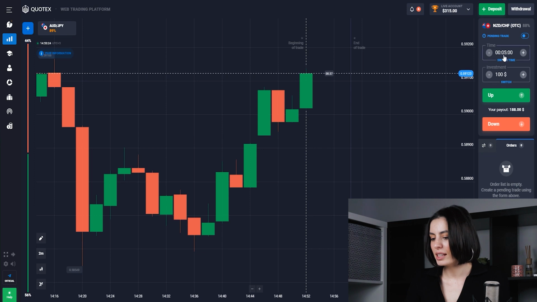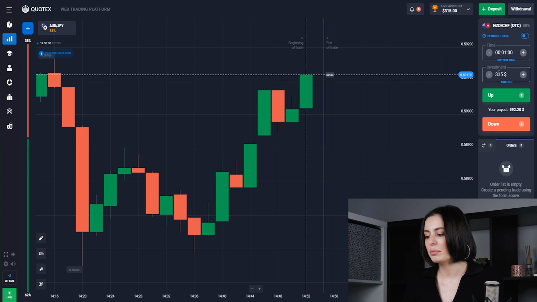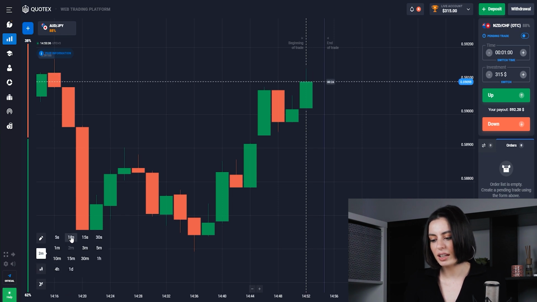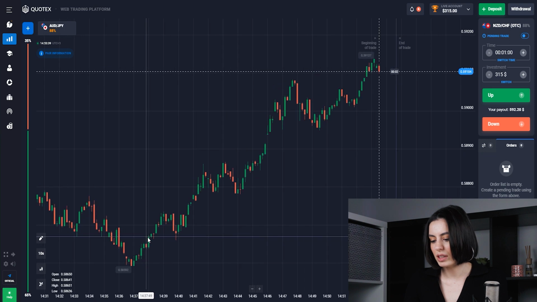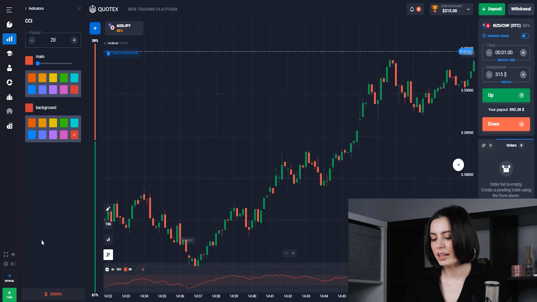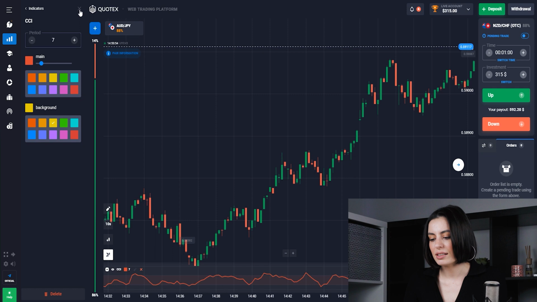And setting up all settings and parameters, 1 minute interval. Here is gonna be the minimum sum, the all sum that I'm just having, and we gotta use candles as always, and 10 seconds candles. And here's like the first indicator we're gonna use. It's gonna be the CCI, and please just mind the intervals, the seconds of the candles, the type of the candles and stuff like that.